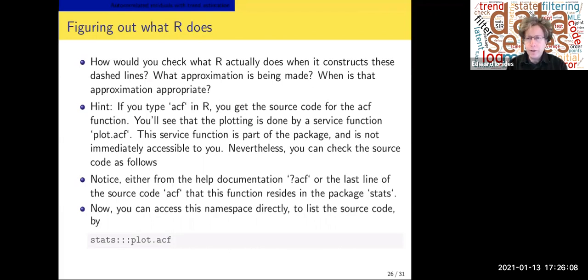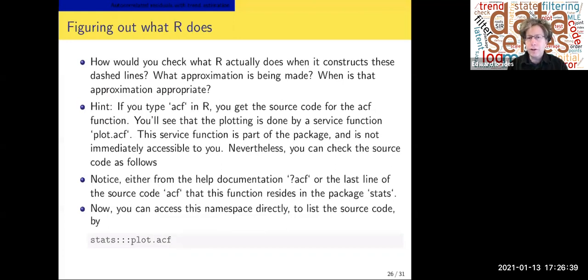Well, this touches on theory. Presumably what R does draws on some theoretical results, but it's also a practical coding issue to figure out what R has done. If you type acf in R, just like any other function, you get the source code for that function. And you see quite quickly that the plotting is done by a service function, plot.acf.